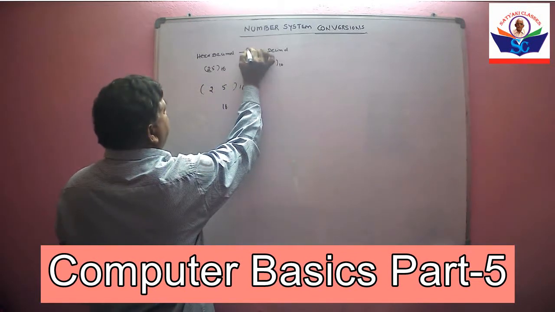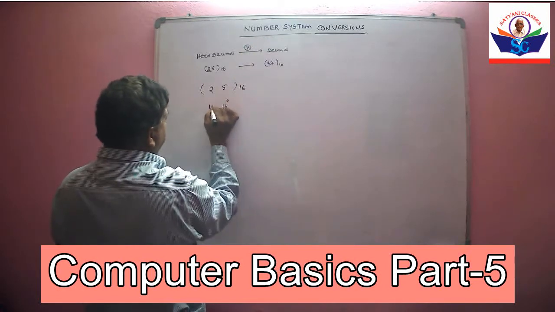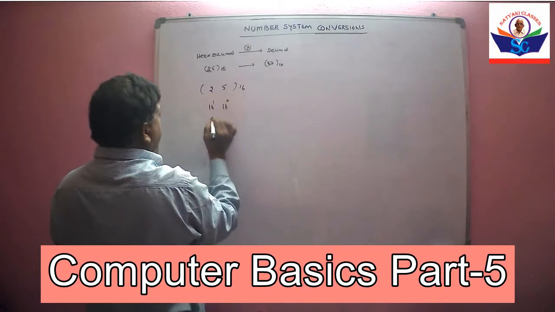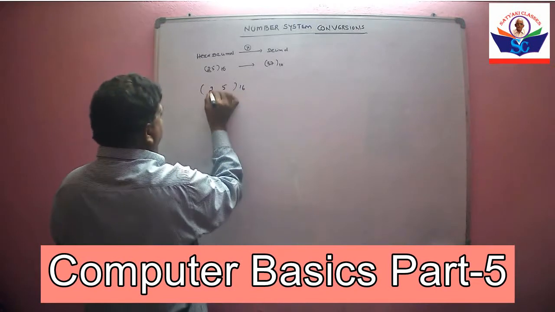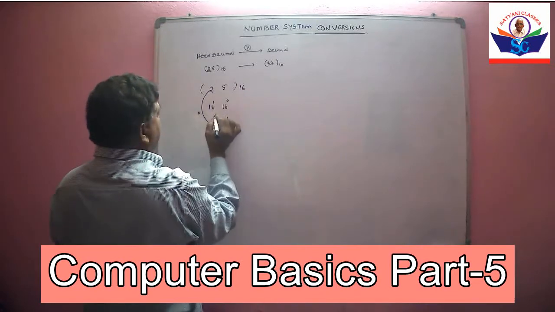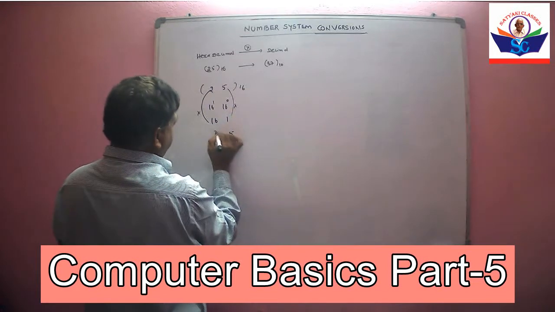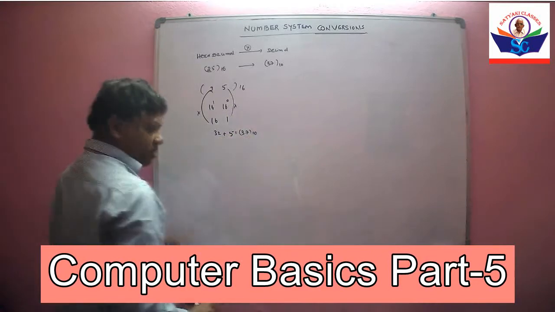This is multiplication. 16 power 0, 16 power 1. Now 16 power 1 is 16, 16 power 0 is equal to 1. Multiply with both digits. Now 32 plus 5, that is 37 in decimal number.